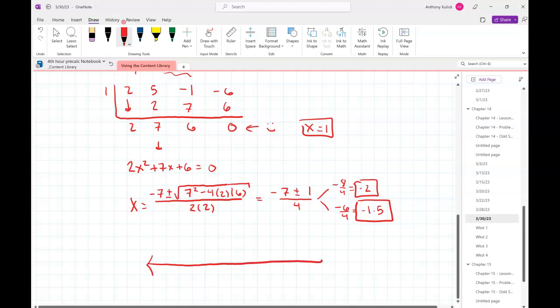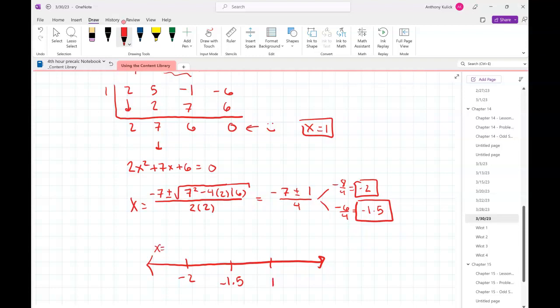I'm now going to draw my little chart here. So I'll just pick some test values for x, say -3, say -1.7, 0, and then 2.